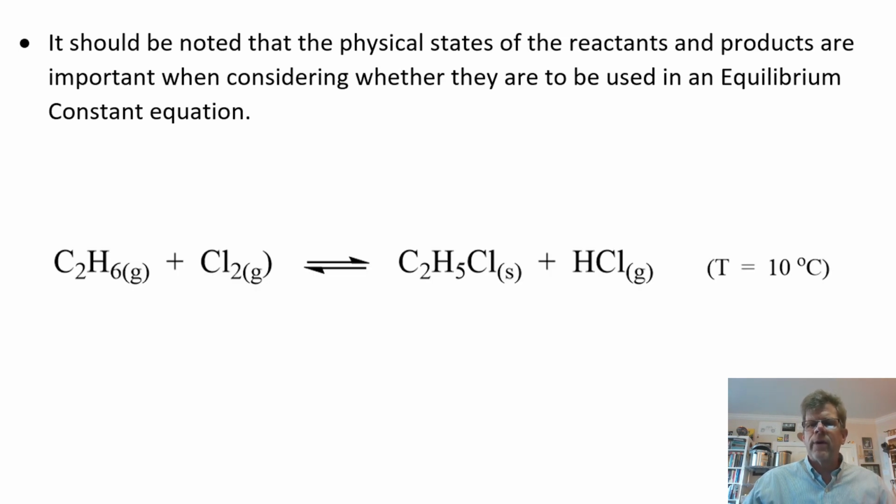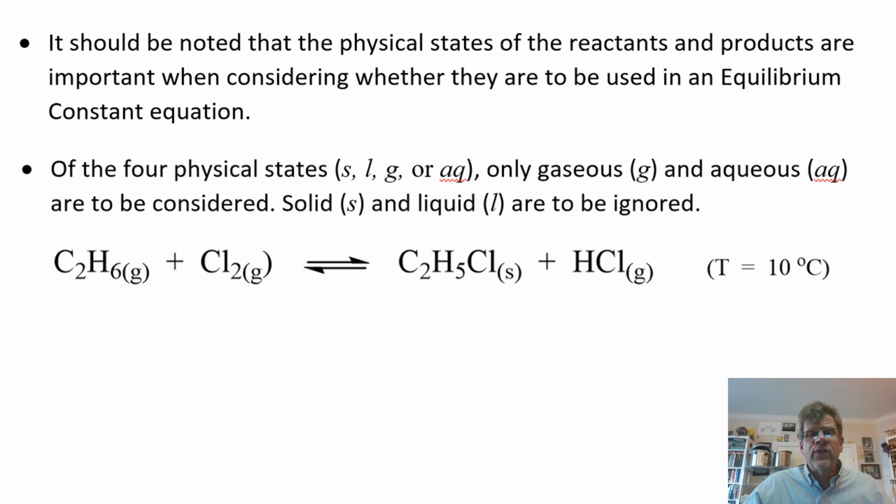It is important, before we get into doing some problems with this, to define a constraint on this process. One of which is that the physical states of the reactants and products are important. So here we have in parentheses g for gas, s for solid, l for liquid, which are very important when deciding whether or not these reactants or products will be used at all in the equilibrium constant equation.